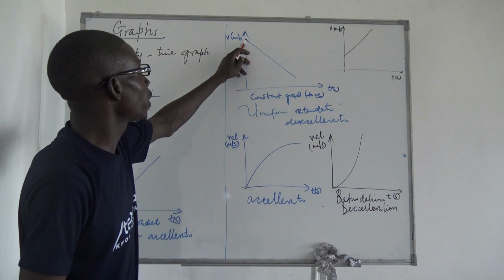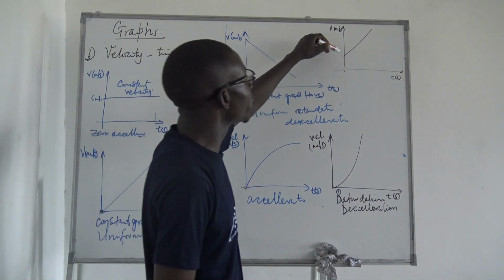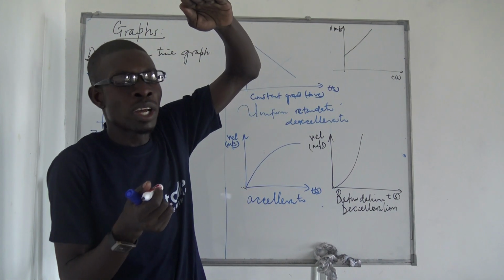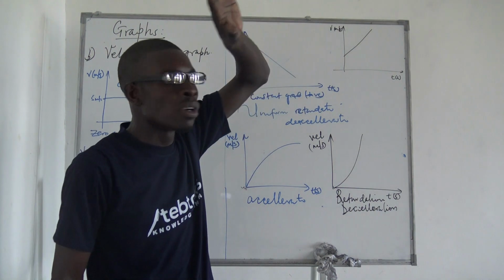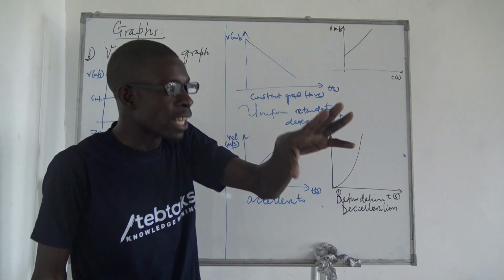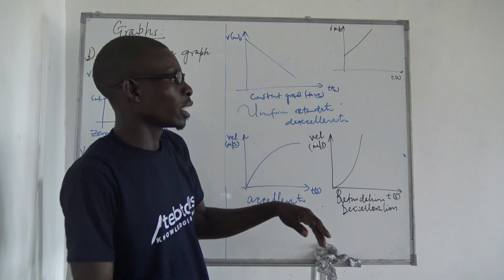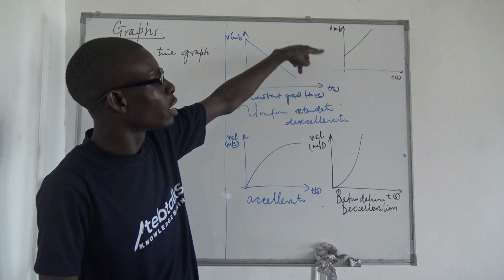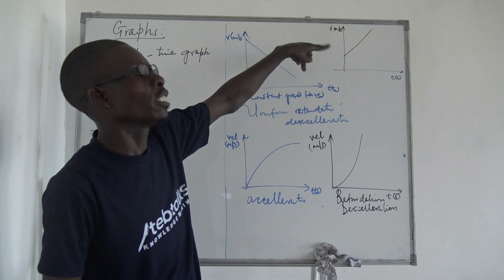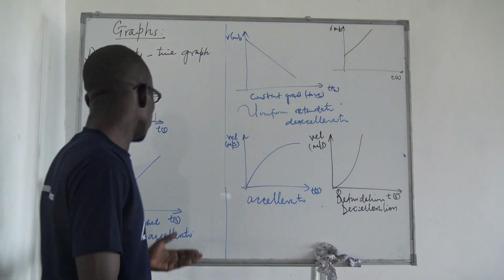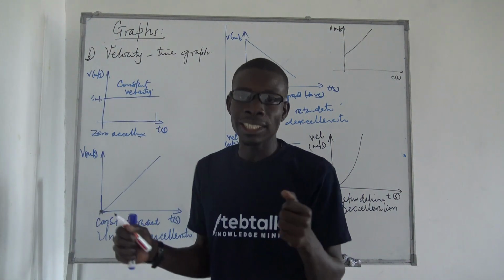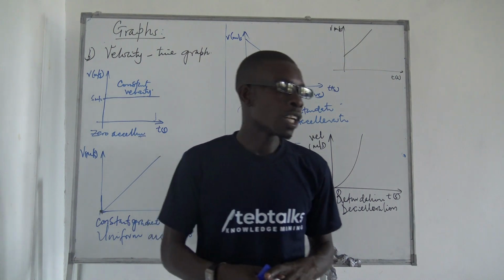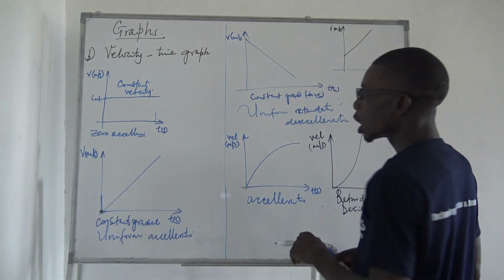And now this one had some velocity but is reducing it. This one is increasing the speed, but it was already moving at some value. Before timing, it was having some velocity. So this is the velocity time graph for a body increasing the speed but not from rest. Initially it was moving with some speed. Whereas this one, they're increasing the speed, they started right away from rest. Is that okay? So this is our velocity time graph.